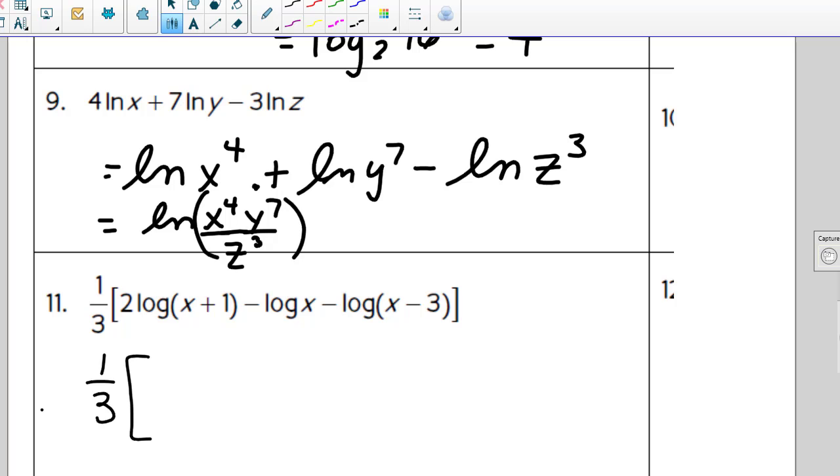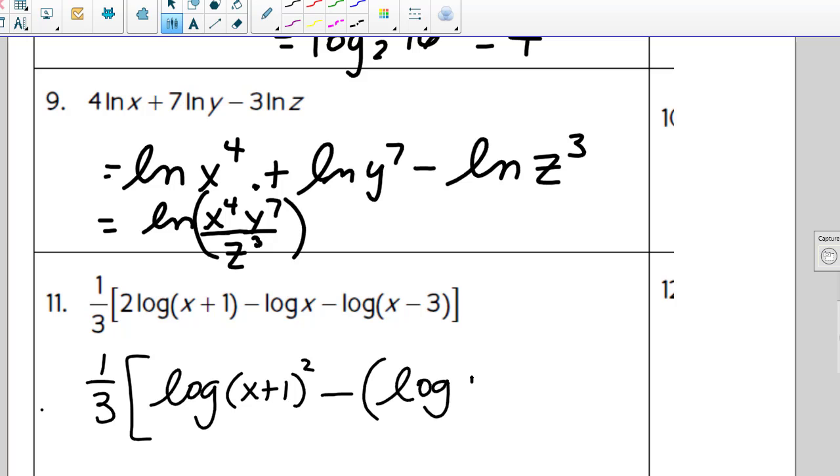This is, I could say, log of x plus 1 squared. And then to make this clear, I'm going to factor out that minus. And so we get minus log x plus log of x minus 3.